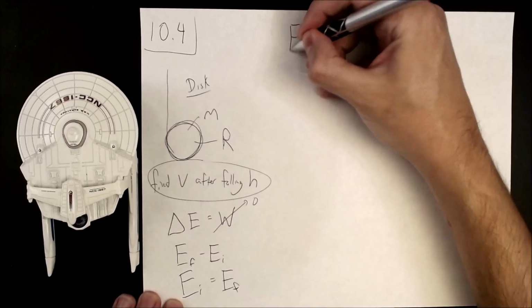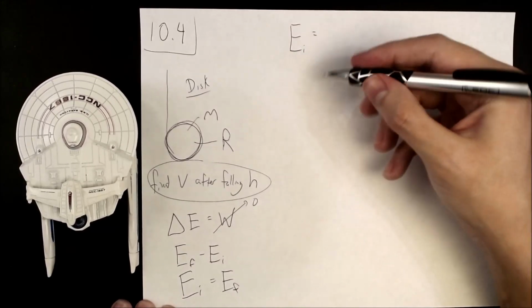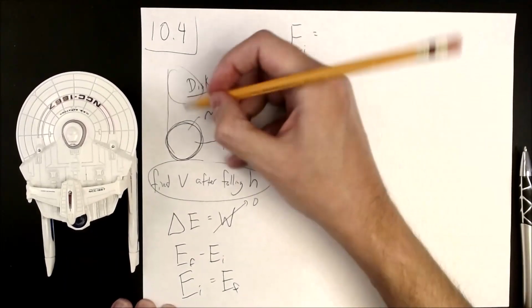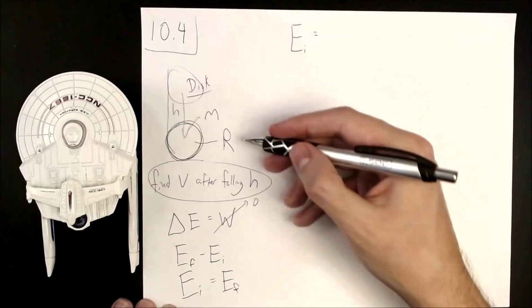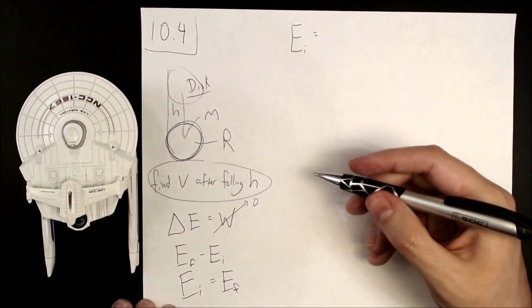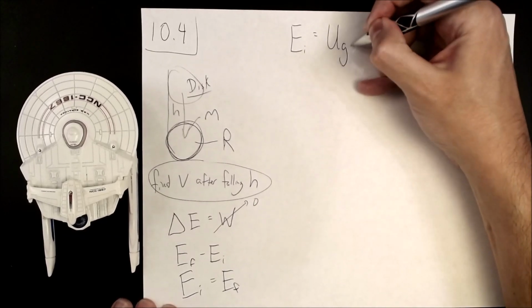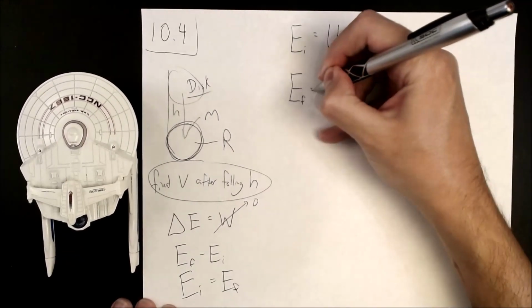My E initial, what are my initial energies? Well, this thing is going to originally be somewhere up here, and it's going to fall a distance h. So I'm going to say that it's going to end up at a height of 0, and it's going to begin at a height of h. So that means that I've got UG initial there. What about my final energies?